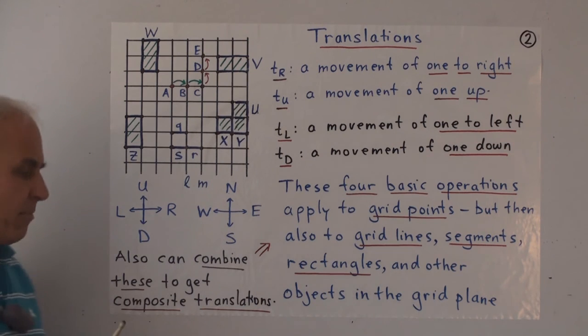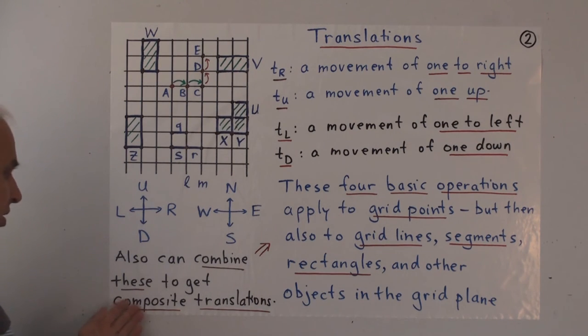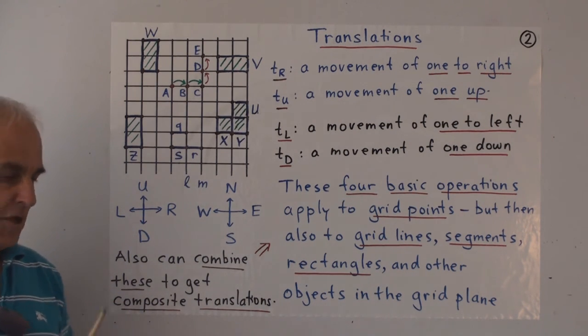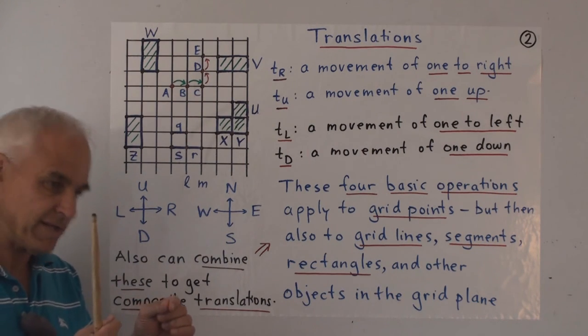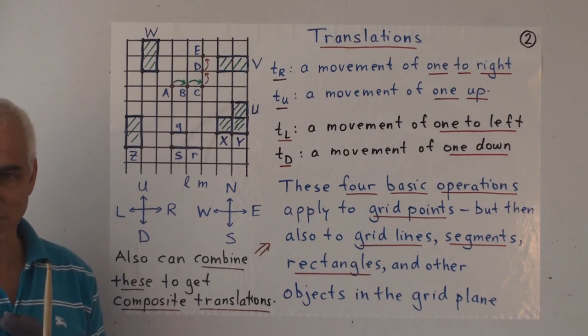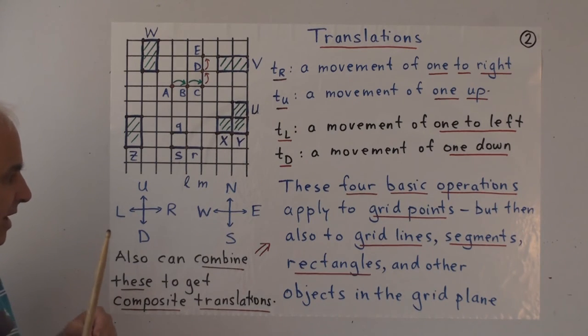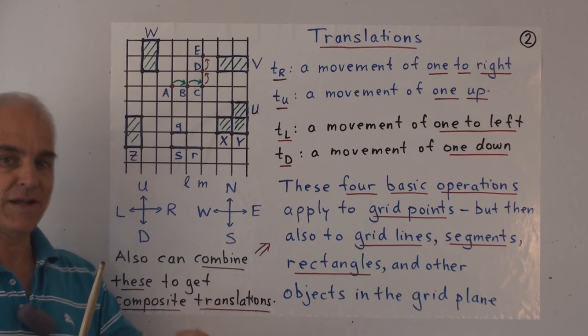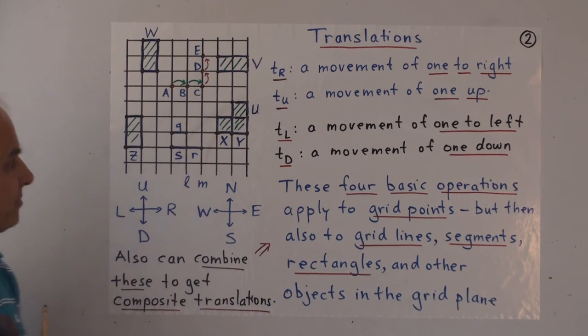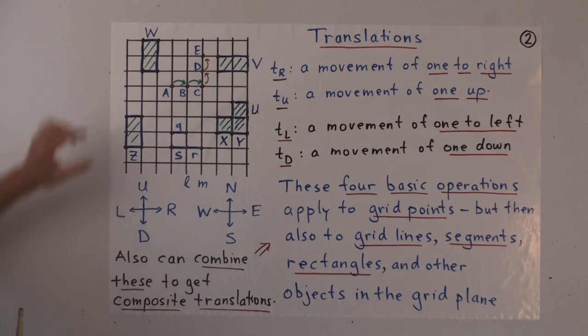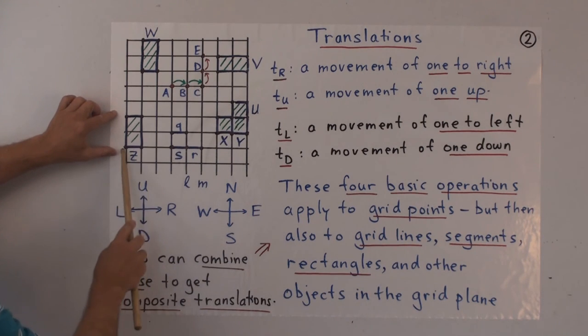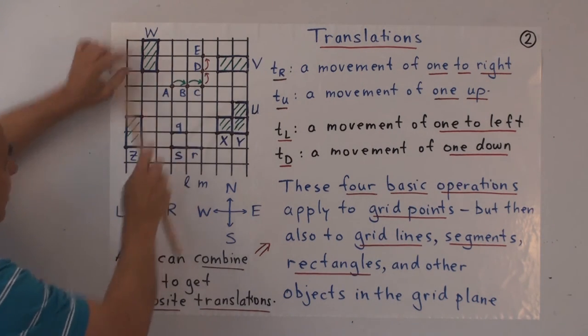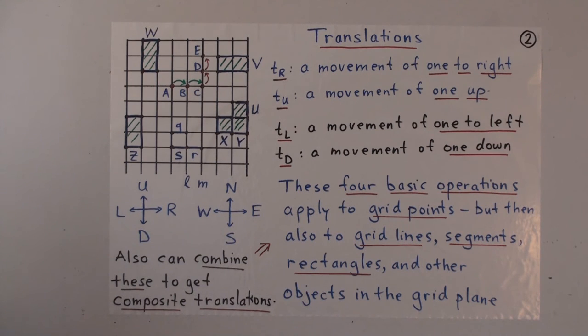Now these things can also be combined to get what we might call composite translations. So where we're not just thinking about taking 1 step in one of the basic 4 directions, but we're thinking about a larger step which consists of a certain number in the horizontal direction and a certain number in the vertical direction. So consider, for example, the relationship between this rectangle Z and this rectangle W. They're both the same shape. They're both 2 by 1 rectangles.